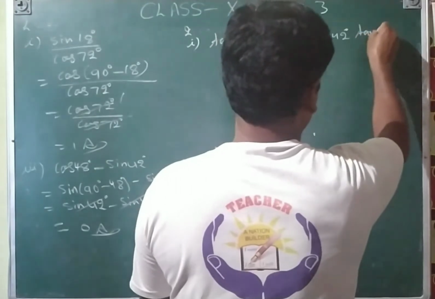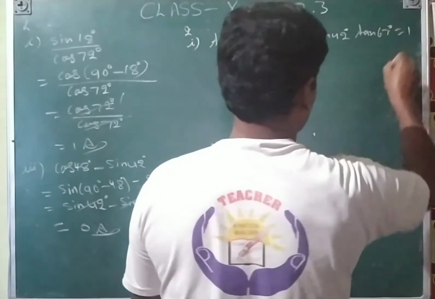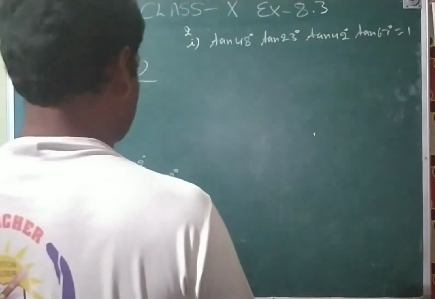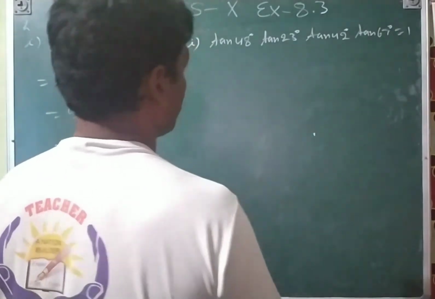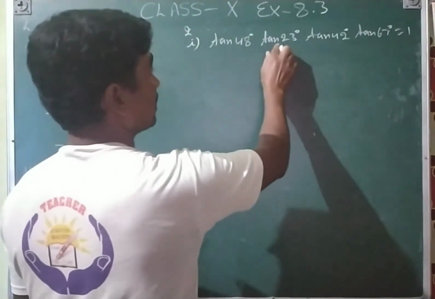Tan 67 degree is equal to 1. It means this is the answer. So we will change only 2 parts, this and this, or this or this.